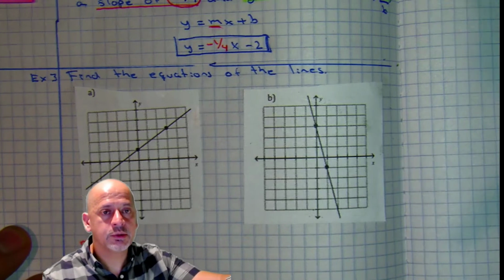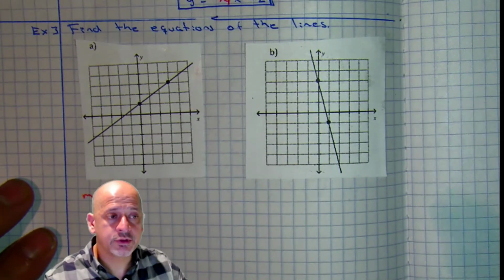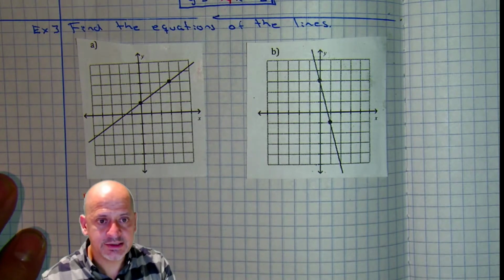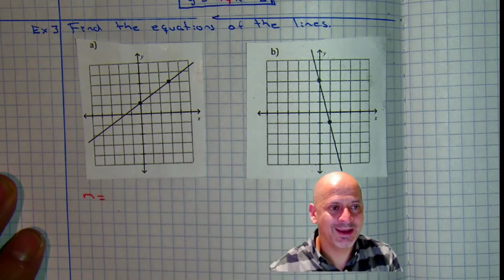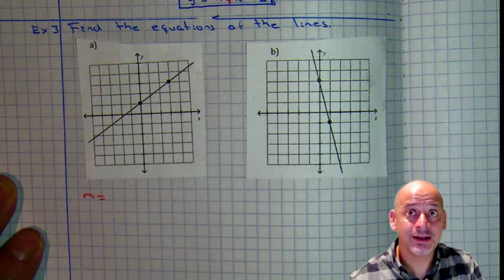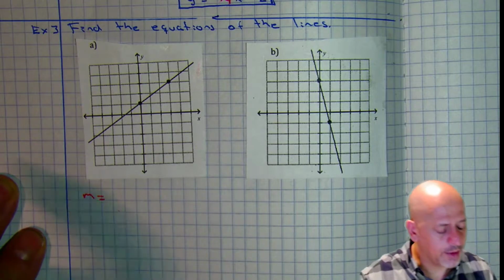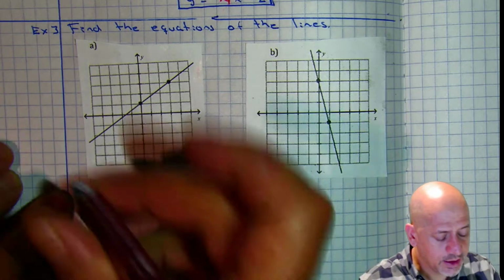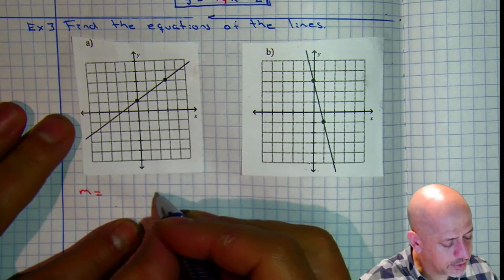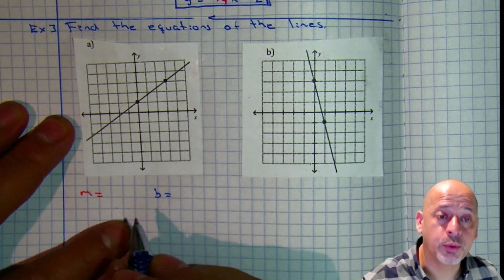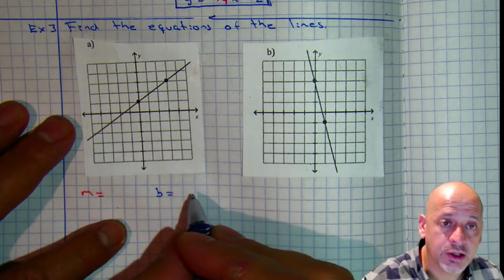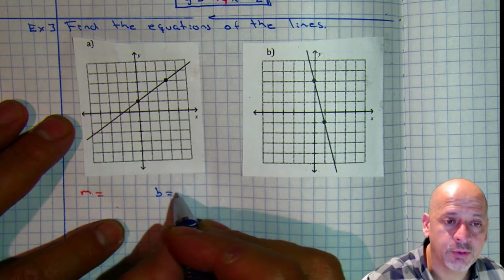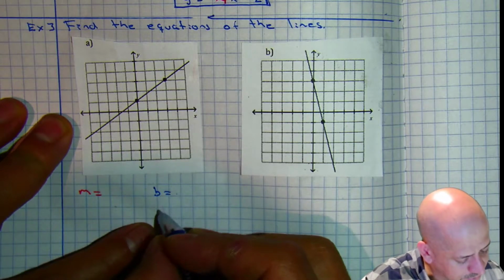And I also need to find my y-intercept. Let me move myself out of the way. That might be helpful, right? So my m is my slope, and I also need to find my b. My b is going to be a point. Sometimes when they write it down as a value, we can write it down below as a point.